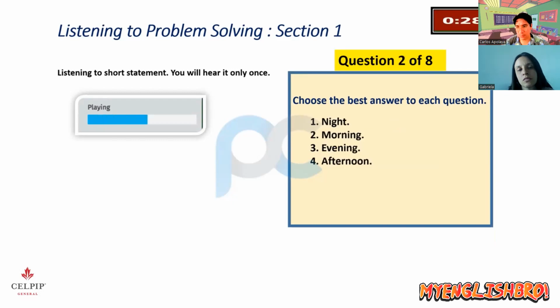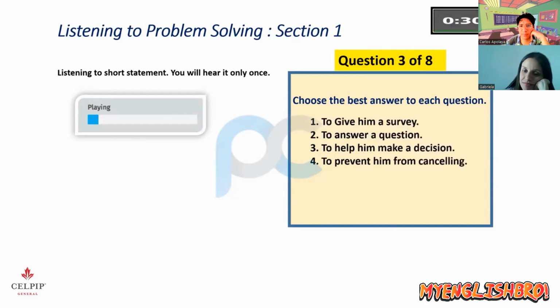When is this conversation likely taking place? When is this conversation likely taking place? Ajá, pero no me acuerdo. Question 3. Why did the woman give the man information about TechZone?